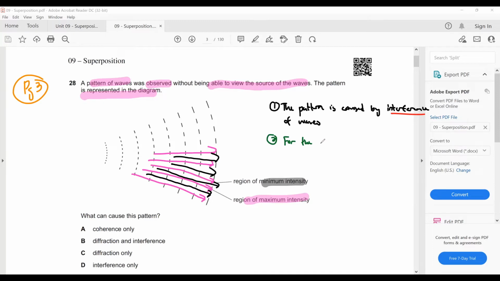For the waves to interfere, they had to spread out from the source.